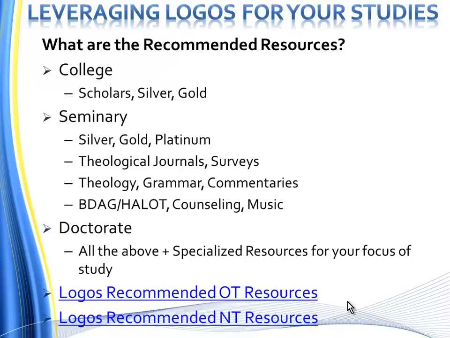Now, if your school requires Logos for the class, don't forget to take advantage of the academic discount, which can range from 30% to 50% off, which is a great savings. So very important, and it can never hurt to give Logos a call if you're enrolled in school and they don't have the Logos program, to tell them that you're in school, and you might be able to get a Logos discount on the collection as well as on some of the resources.